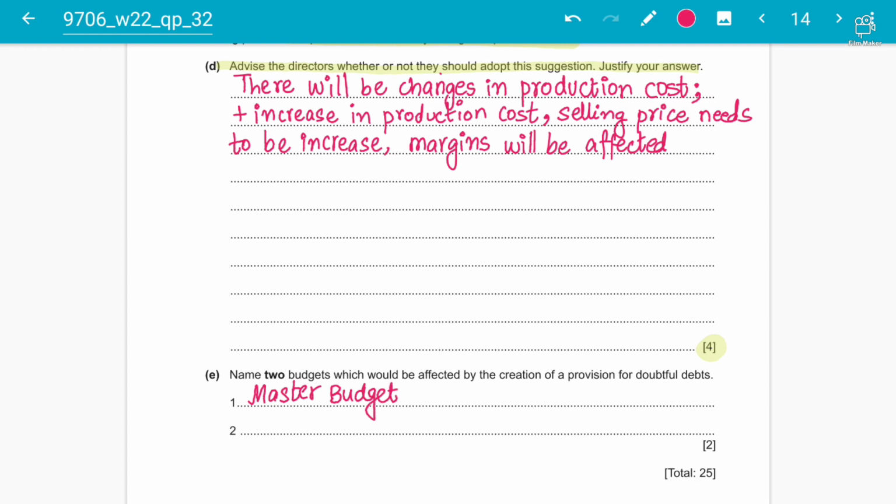The budgeted income statement is where you will have the provision for doubtful debts adjustment to be done. Right, so nobody should write the cash budget and nobody should write the receivables budget, because there we do not record provision for doubtful debts. Those are basically prepared on a cash basis. So you can also write budgeted financial statements, statement of financial position, as well as the complete word.